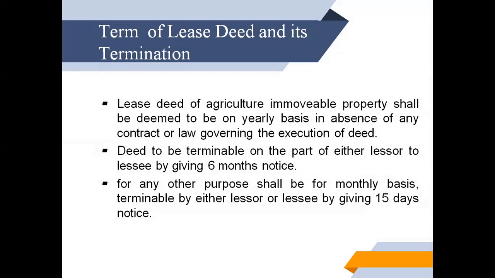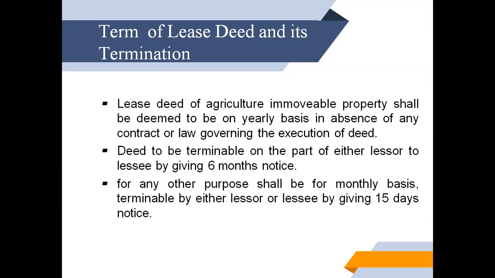As far as the term of the lease deed and its termination is concerned, it is submitted that a lease of agricultural immovable property shall be deemed to be on a yearly basis in the absence of any contract or law governing the execution of the deed, terminable by either the lessor or the lessee by giving 6 months notice.